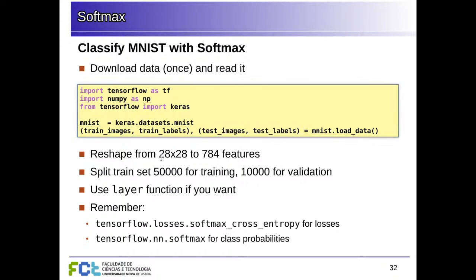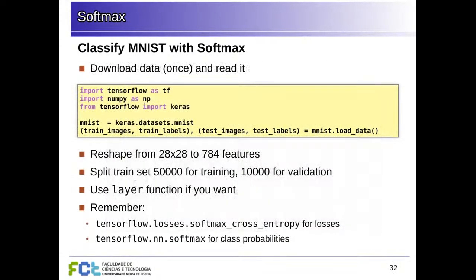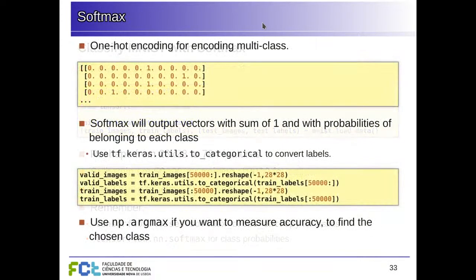Now you need to reshape this, because these images are 28 by 28 pixels, and you need to reshape so that you have a matrix with 784 features and 1 example per row. But this is easy to do. You can do it like this. The images for validation would be the ones after 50,000.